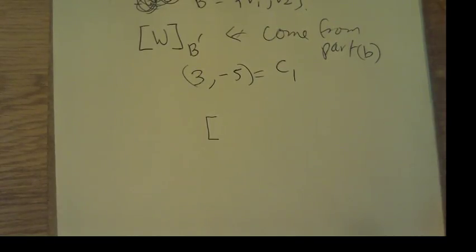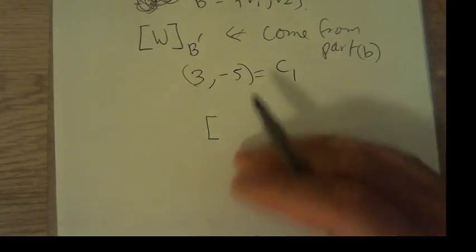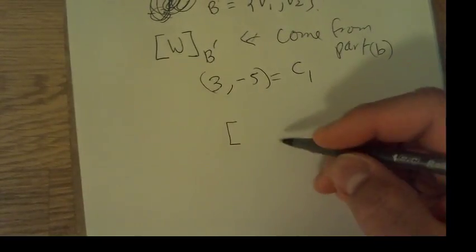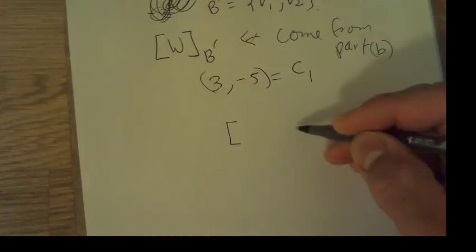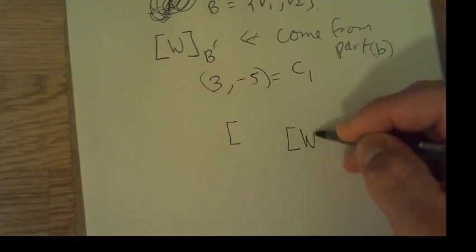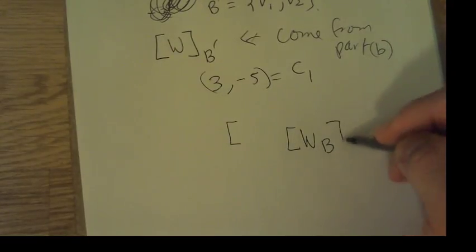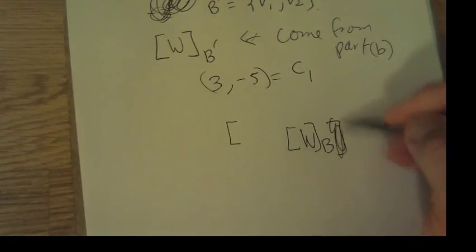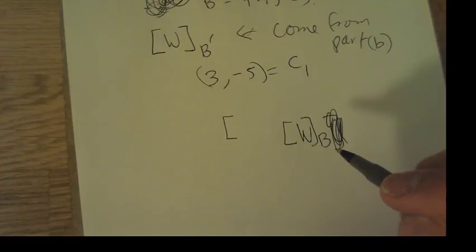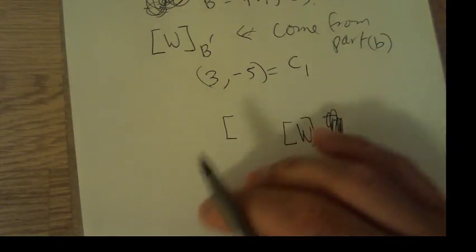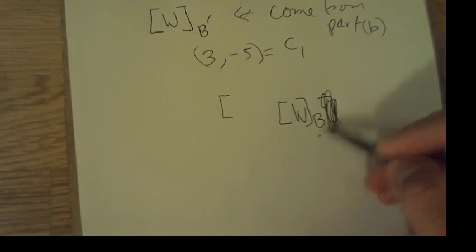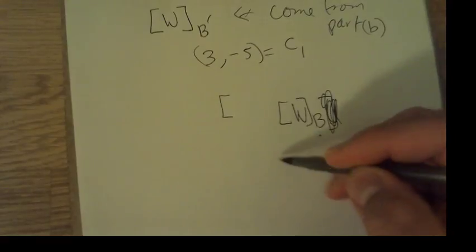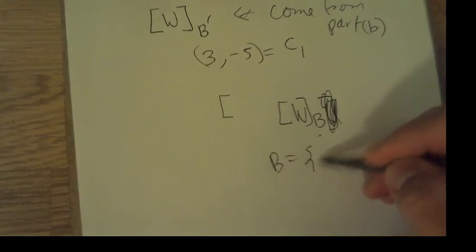I think what Odai had mentioned is that if we just want to find the coordinate vectors in terms of our basis B, B is just a standard basis, right?